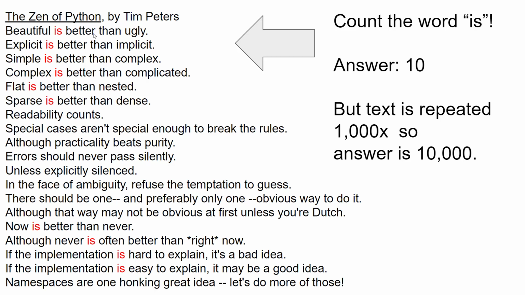Now, there's not a lot of data here to process, so to make it a little more intensive, we're repeating this poem block 1,000 times. So we would expect, since the block is repeated 1,000 times, the word "is" should be found 10,000 times.